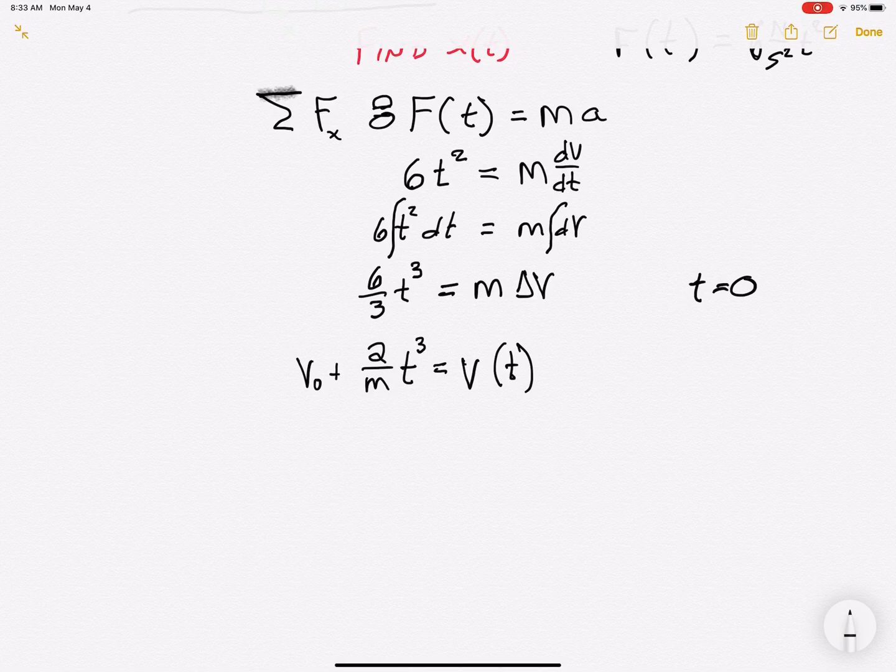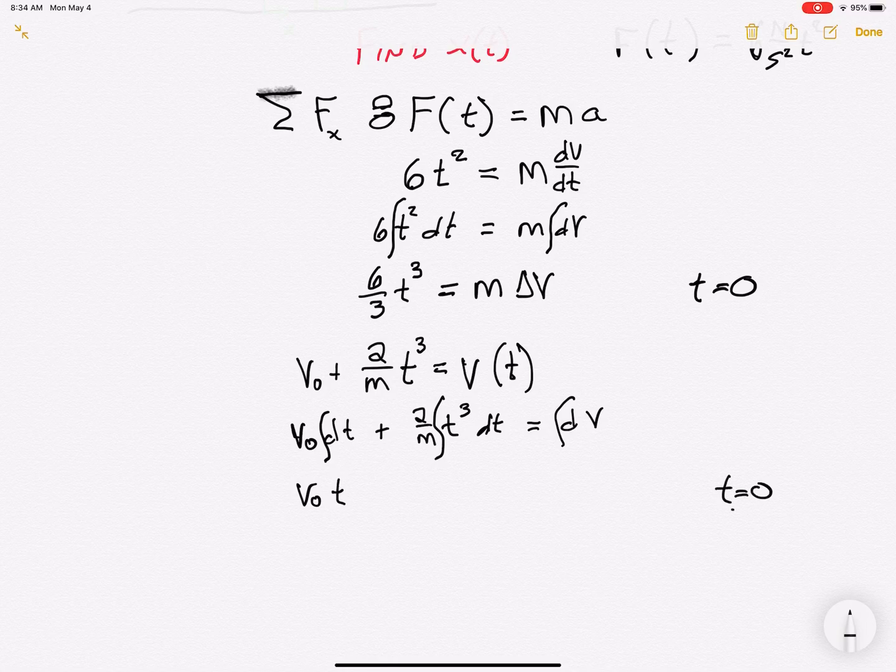So we're going to go velocity dt plus 2 over m t cubed dt is going to equal dx. So we integrate this, we integrate that, and we get v naught t. Again, I'm setting t initial equal to 0.